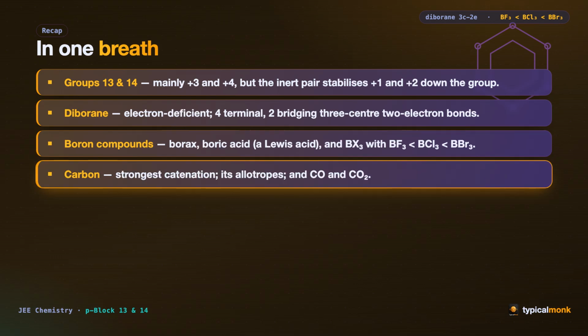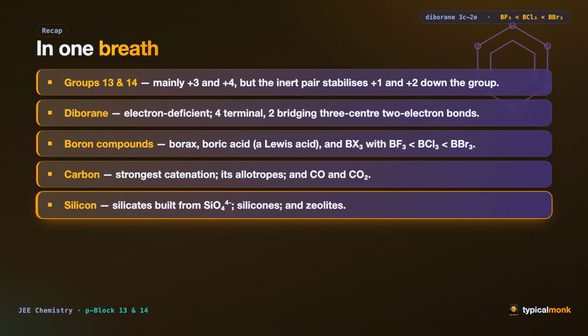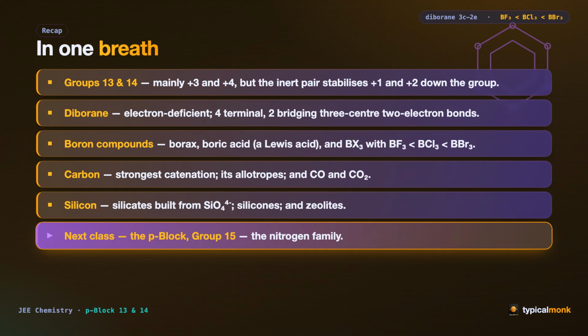Carbon, the strongest catenation, its allotropes, and carbon monoxide and dioxide. Silicon, the silicates built from the SiO4 tetrahedron, plus silicones and zeolites. Next class, the P block, group 15, the nitrogen family.